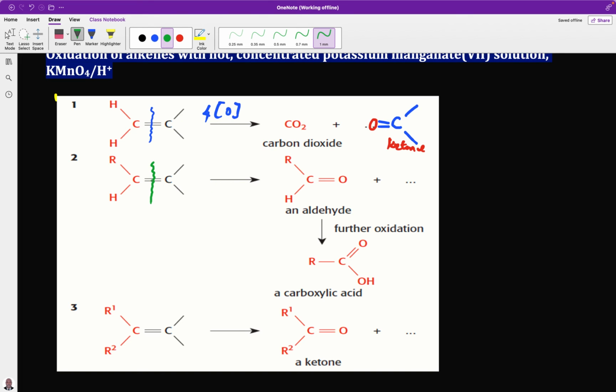When this bond splits, this section will be what? It will be an aldehyde. This is it here. It's an aldehyde that is formed.